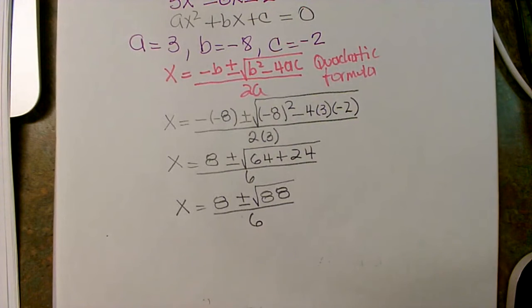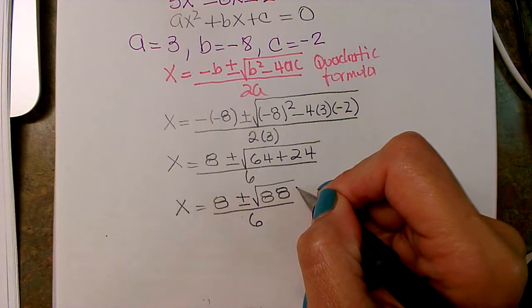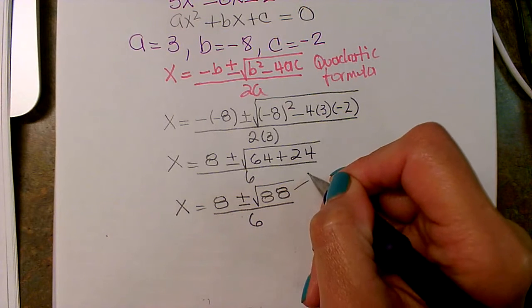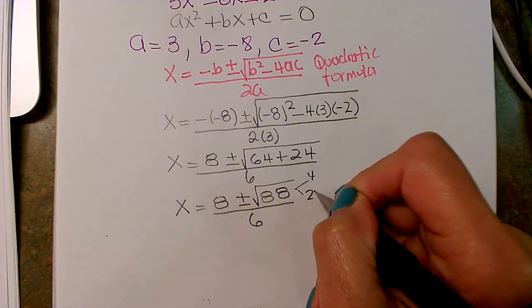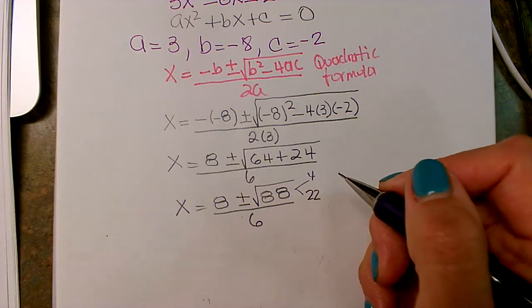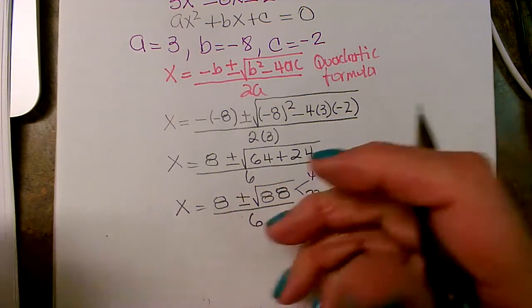Now, on this one, 88 can be divided into 2, right? 88 can be 4 and 22. So let's do that.